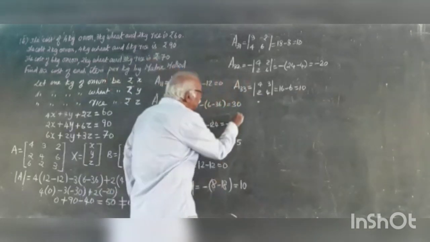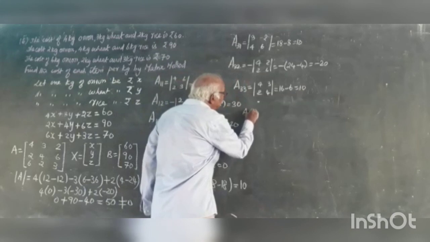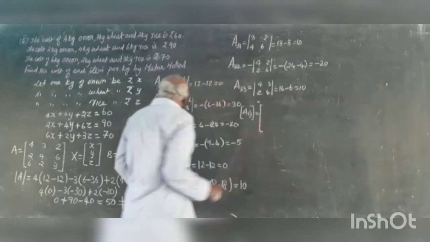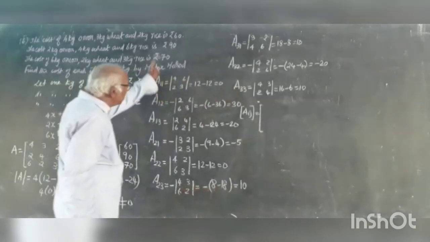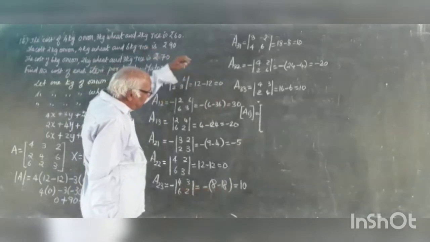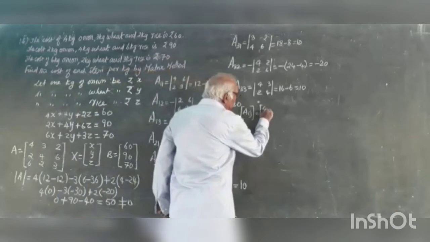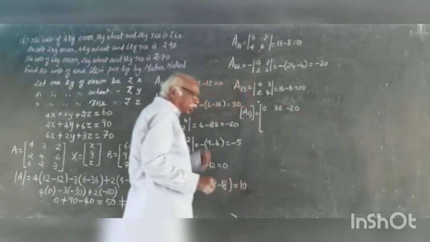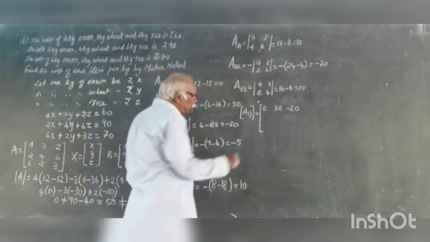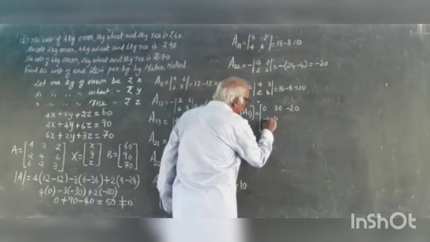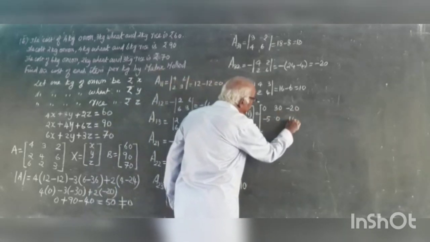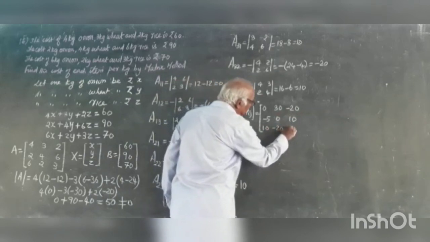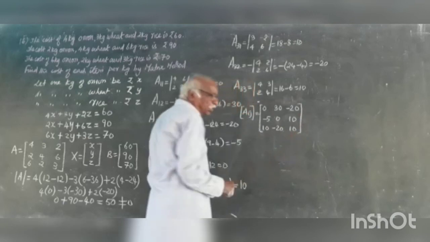Now we have to find the cofactor matrix. Write in the order: first row 0, 30, minus 20; second row minus 5, 0, 10; third row 10, minus 20, 10.